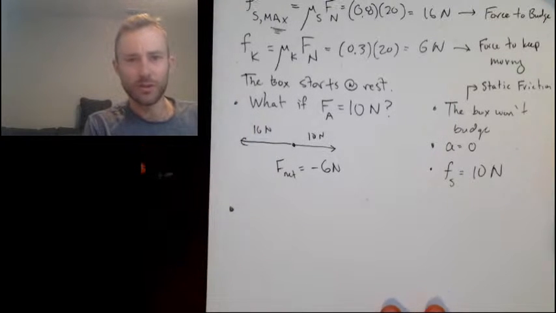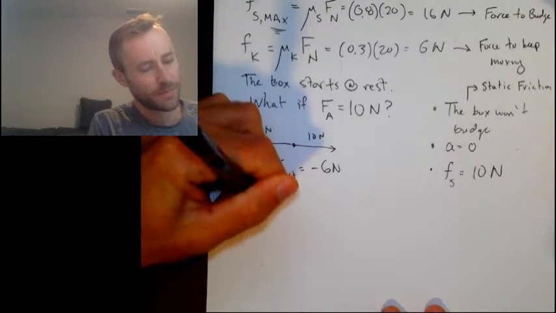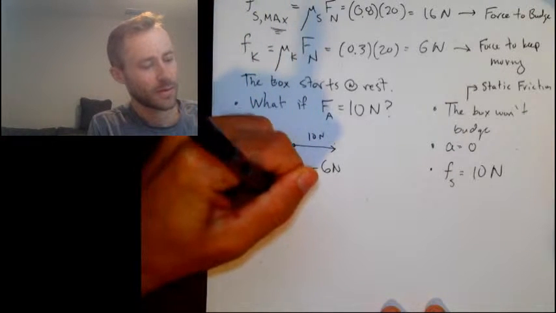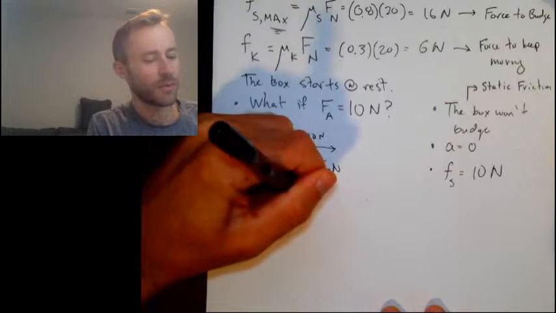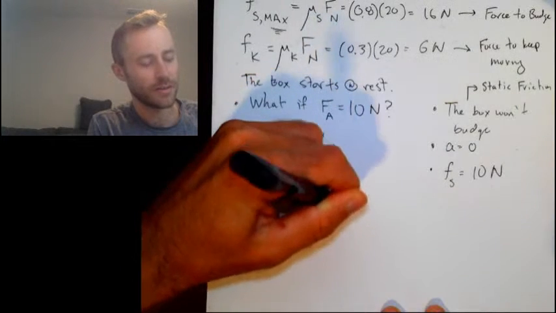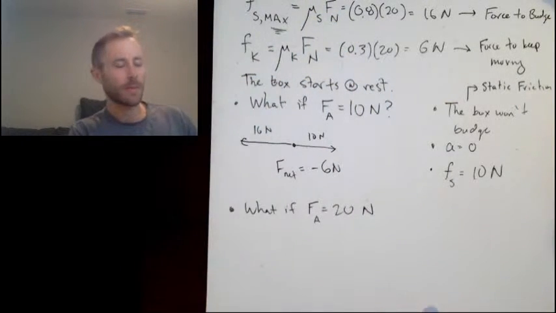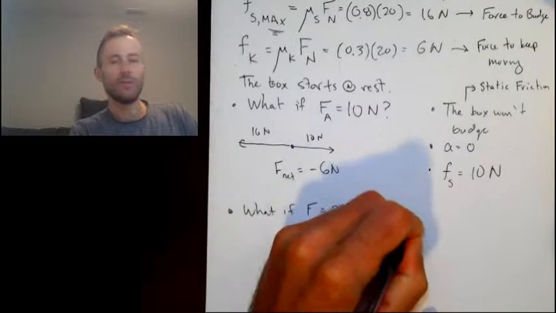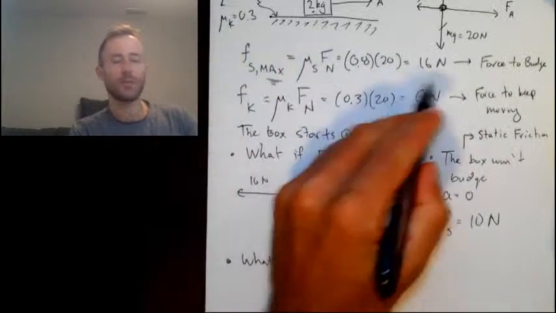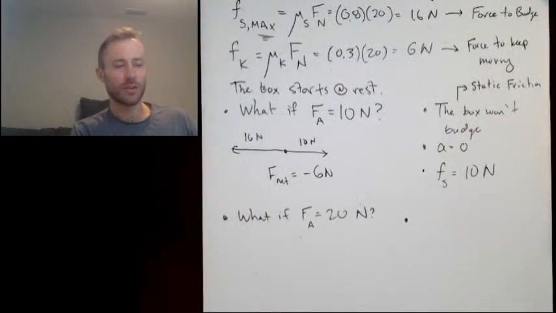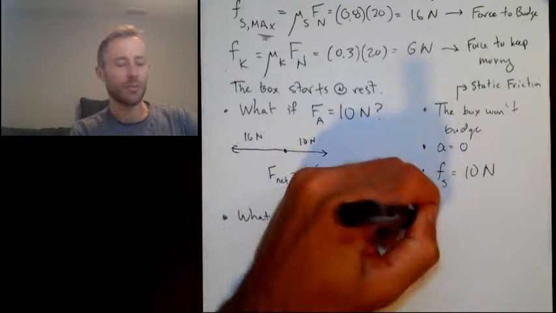So now, let's redo the question. What if the applied force is 20 newtons? 20 newtons is greater than the maximum static friction. So what's going to happen is the box will budge.